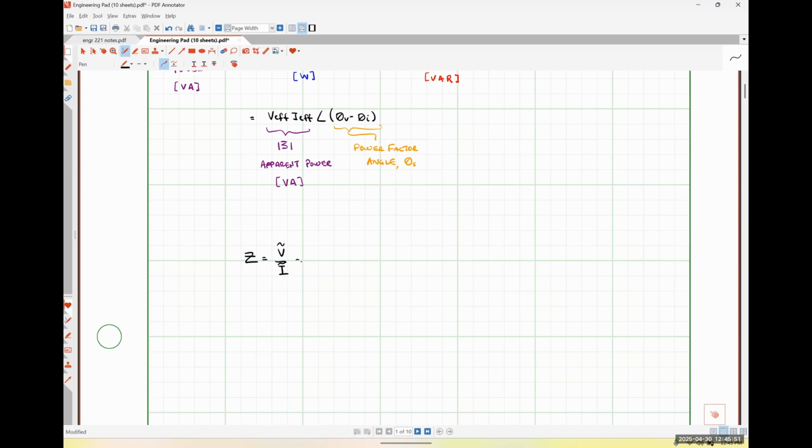Anyway, this would look like V effective with an angle of theta V divided by I effective with an angle of theta I. And so we'd wind up having V effective over I effective with an angle of theta V minus theta I, or simply the magnitude of our impedance with an angle of theta Z. And we can see that theta Z is theta V minus theta I, and theta S, our power factor angle, is also theta V minus theta I. So they literally represent the exact same thing.